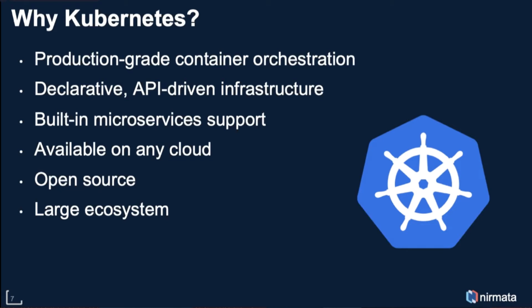So Kubernetes provides very solid interfaces to be able to define applications and deliver them at scale. Given that it's built for containers, it has built-in support for some of the microservices constructs like service delivery, service discovery, and load balancing, things like that.